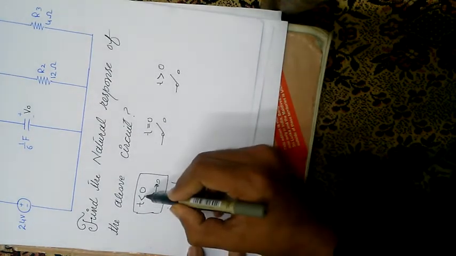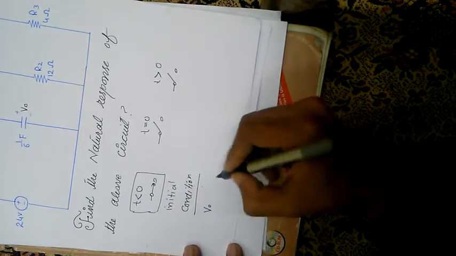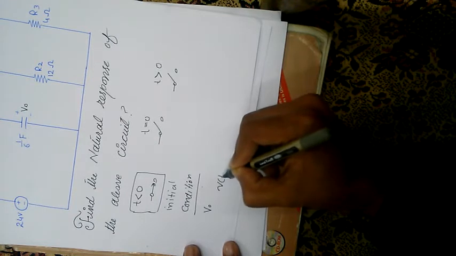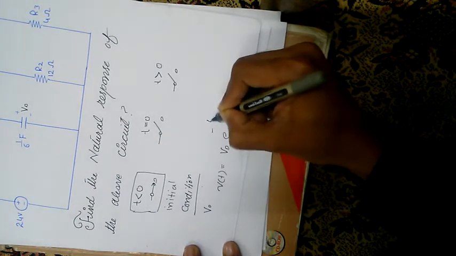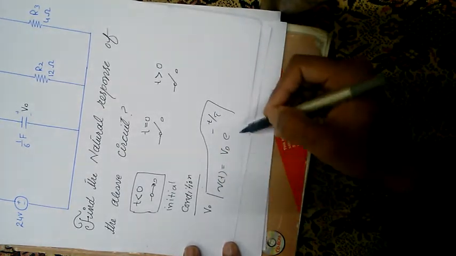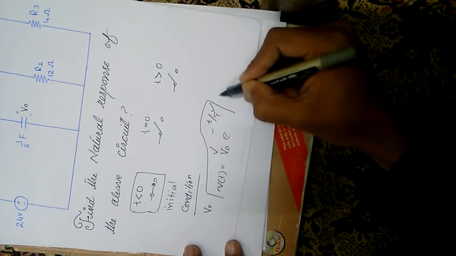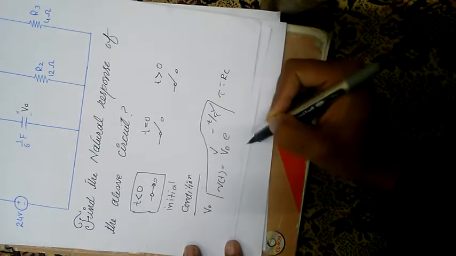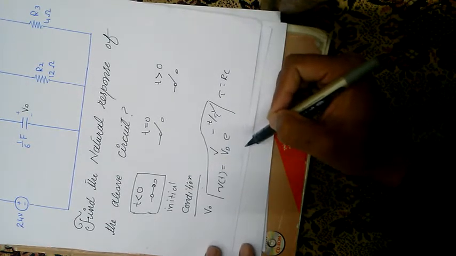So for t less than 0, we will find the voltage V0 across the capacitor, because if we write the equation of the natural response, we have V0 e raised to power minus t by tau. In this equation, there are two unknowns. First is V0 and the second is tau, which is equal to RC. So we must calculate these two things to find the natural response of the circuit.